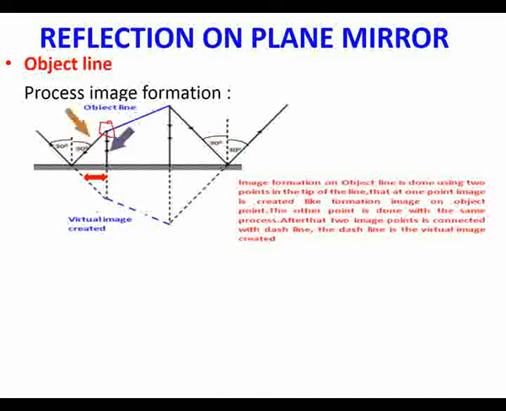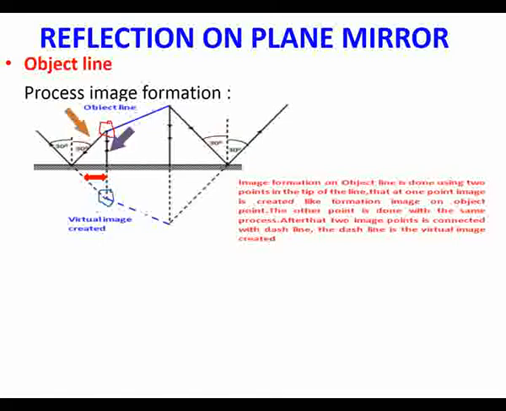Because the two reflected rays don't intersect each other, the two reflected rays will be extended behind the mirror using dashed lines, as you see from the figure shown by the red arrow. The two dashed lines will intersect at one point behind the mirror. The intersection between the two dashed lines will be the image position.